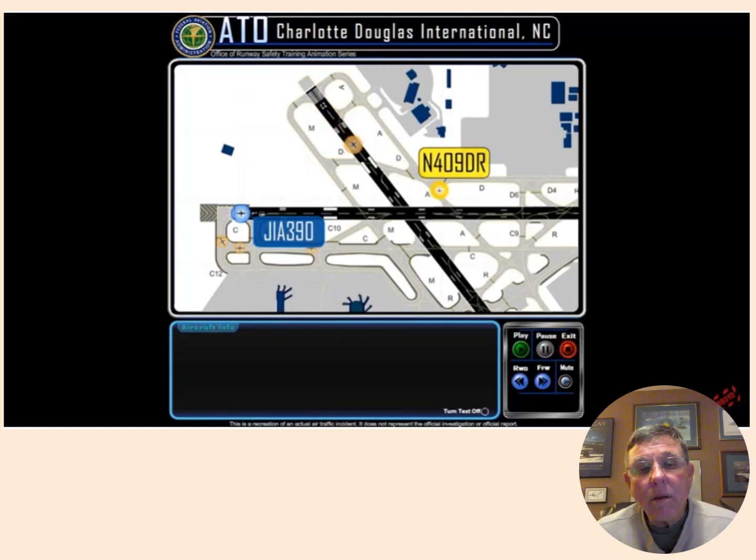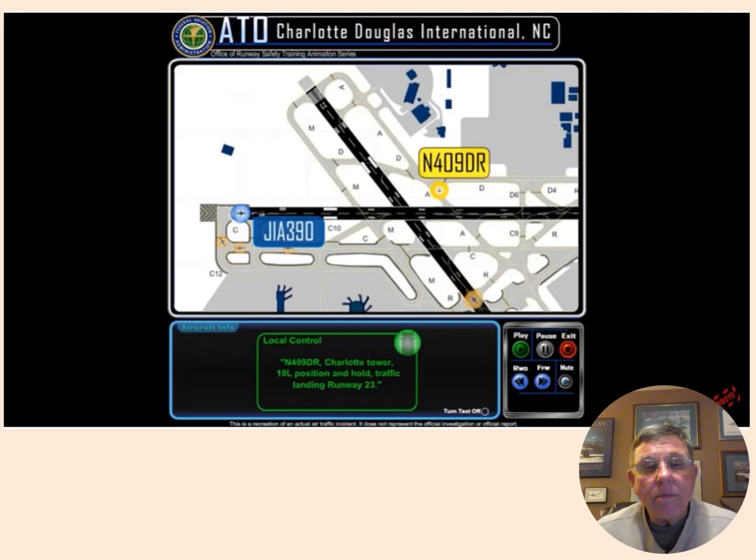Blue Streak 376 with you on the visual. Blue Streak 390, runway 18 left, cleared for takeoff. Takeoff 18 left, Blue Streak 390. Delta Romeo, Charlotte Tower, 18 left, position and hold, traffic landing on my 23. Position and hold, Delta.